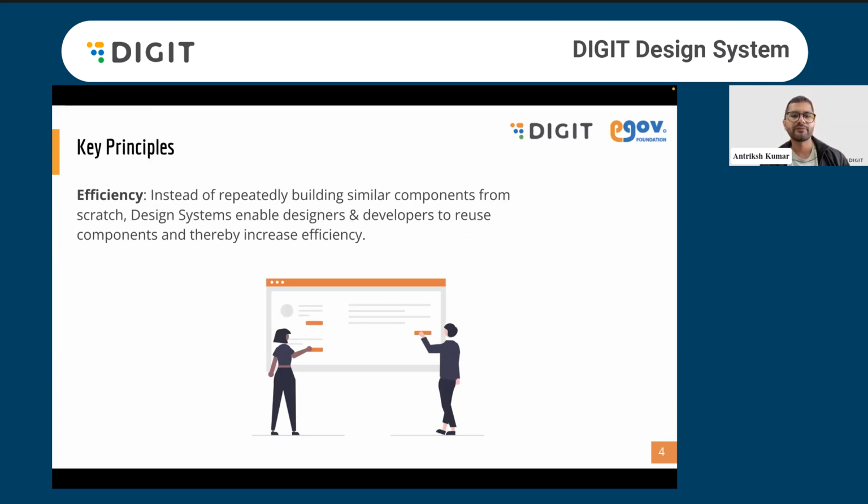So why not document everything, break it into components and patterns, instead of repeatedly building similar components from scratch? With a design system, you have all these components and patterns defined so that everybody can come and start building on top of it without reinventing the wheel every time. This leads to reusable components and increased efficiency, so you can develop at speed and scale.